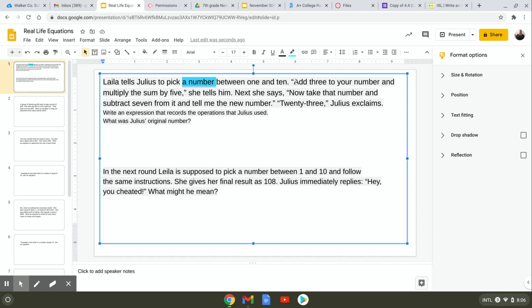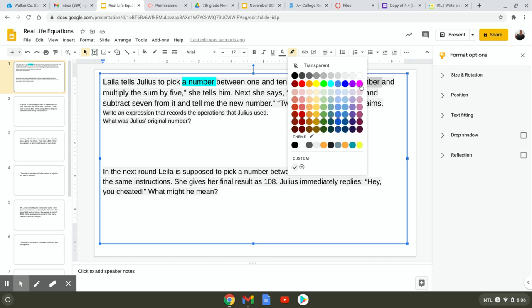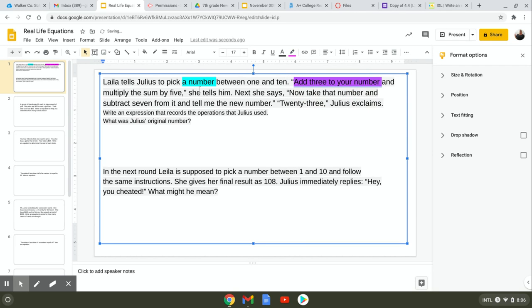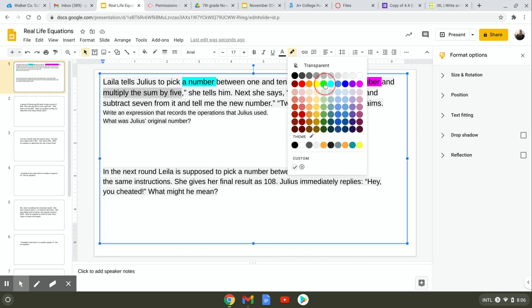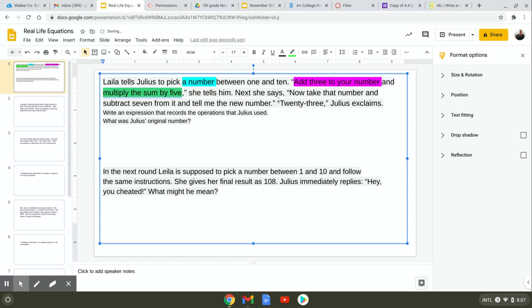Then it says to add 3 to your number. We'll do it in a different color. And then multiply the sum by 5. Next, she says, take that number and subtract 7.